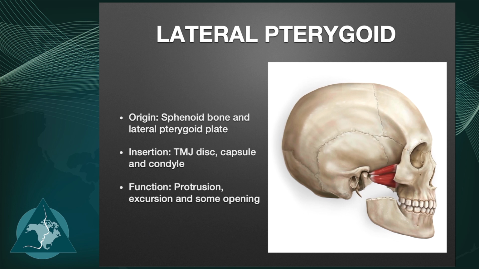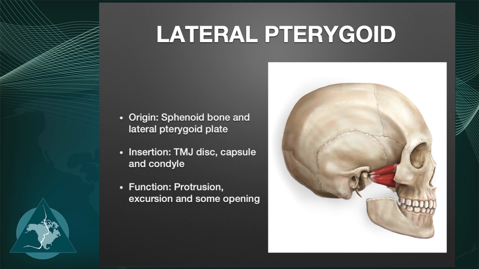So, another test. What if you have a spasm of the right lateral pterygoid? What's that going to do to the mandible if the right side is in spasm? Where is the mandible going to go? It's going to go to the opposite side.